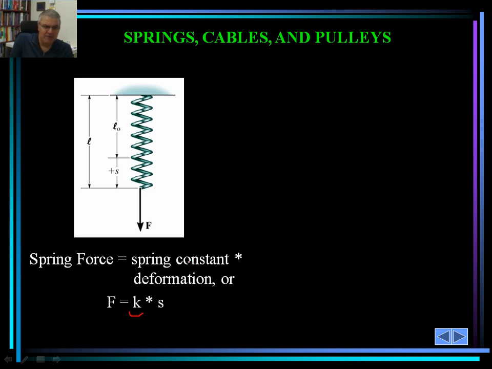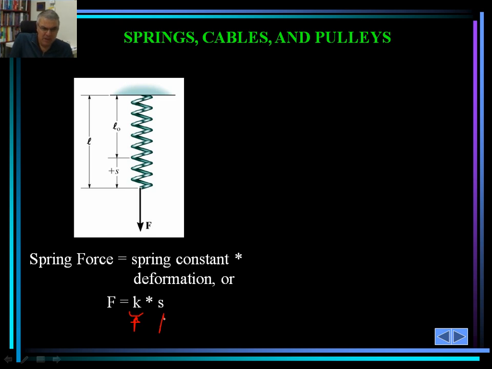So the spring constant, or stiffness, what I call stiffness, is K, and that is different for different springs depending on the material. If we multiply that by deformation, in this case shown by S, it can also be shown by D, or delta, or different symbols.